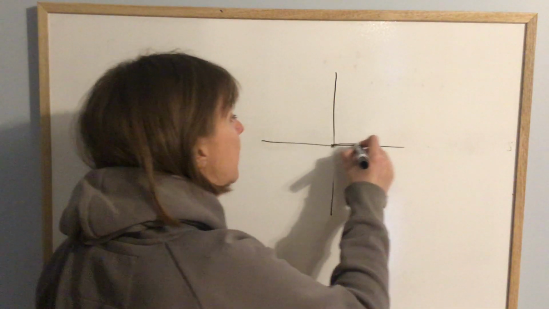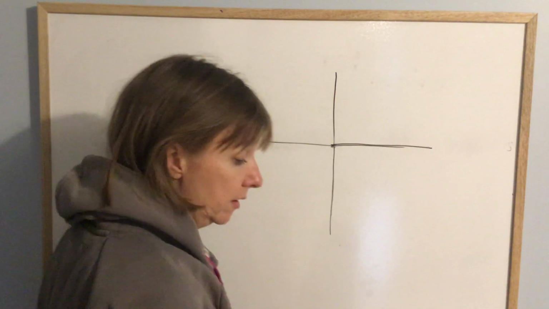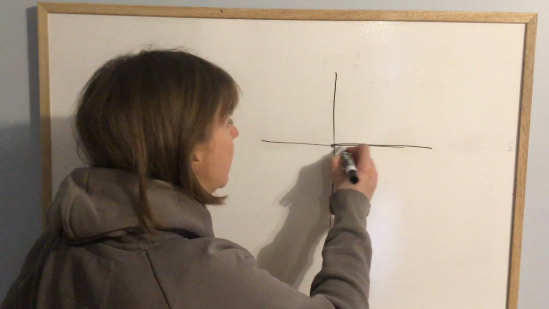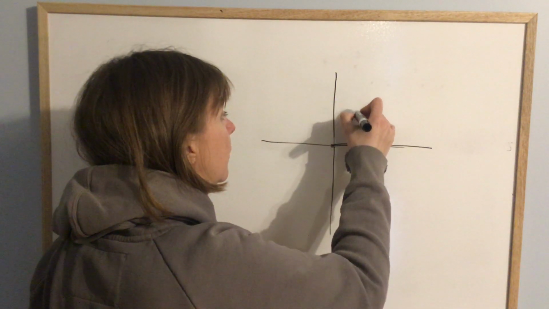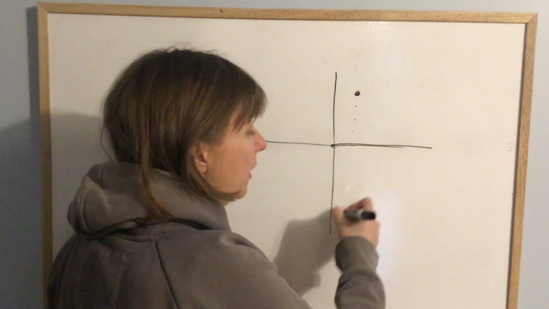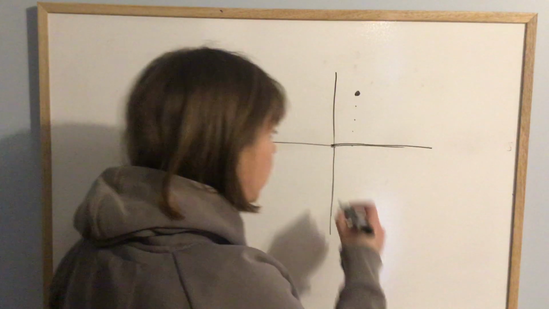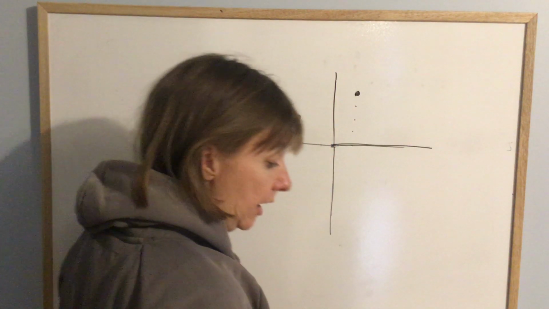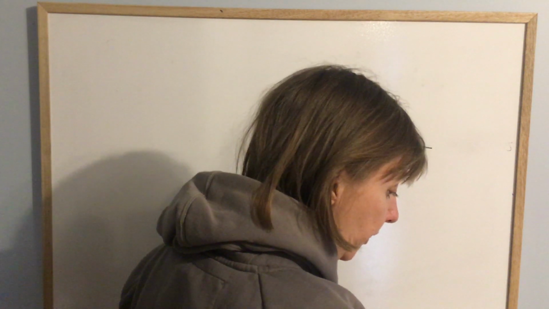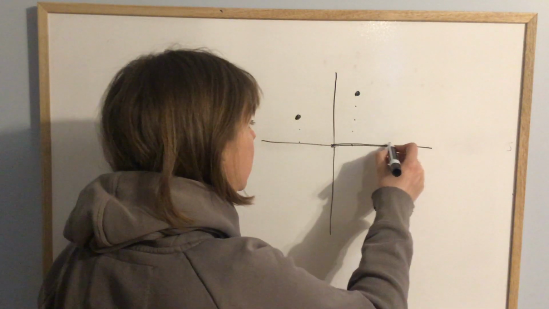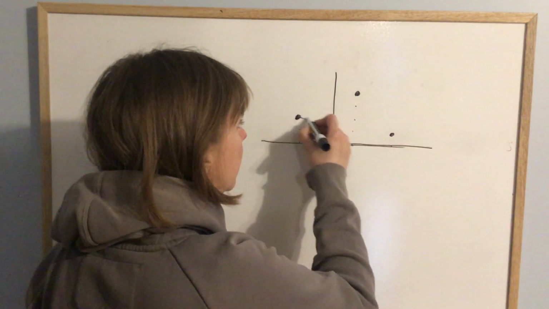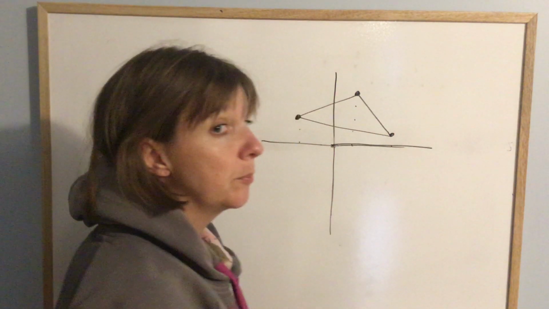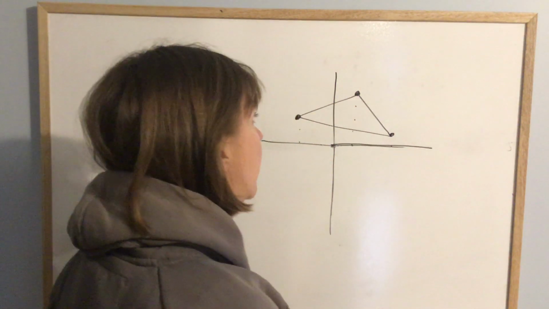And so in number 3, it says you have a point of 1 and 4, and you have a point of negative 2 and 2, and you have a point of 3 and 1, and so we have this triangle. And it says prove that this is a right angle triangle.